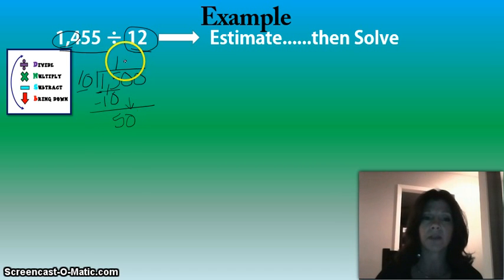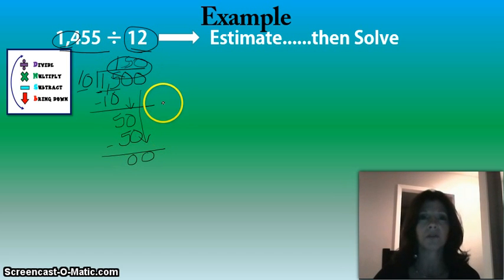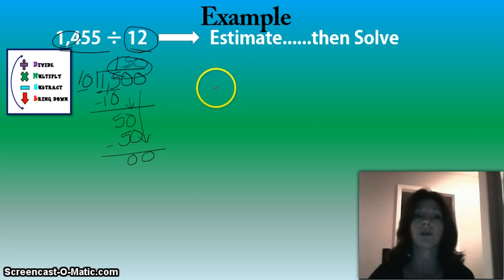That goes up above the 0 that you just brought down. 10 times 5 is 50. Subtract that, you end up with 0. You've got 1 number left to bring down. And 10 divides into 0, 0 times. So your estimate here is 150. Now let's do our actual solving of this division problem and see how close we are.